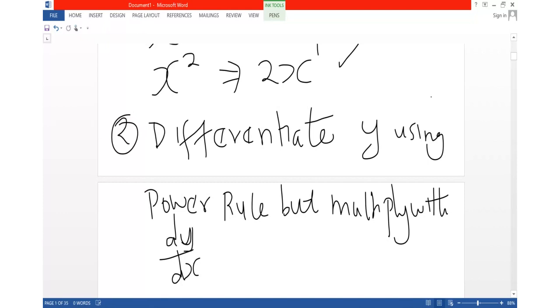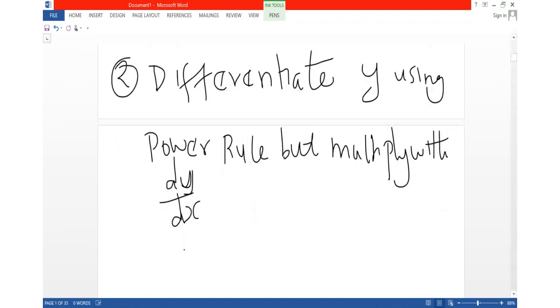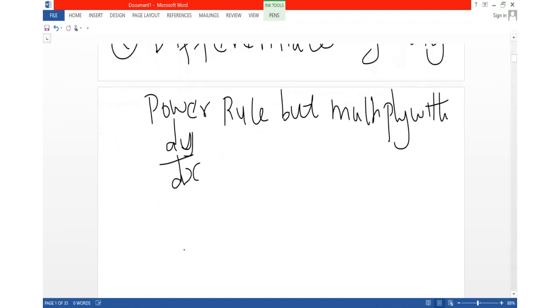So after you have differentiated y, because we want dy dx, it's only the y that, when you differentiate using power rule, we multiply by dy dx. For example, look at this previous example that I have done. This one.